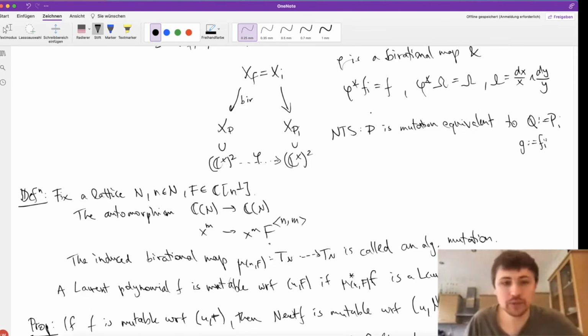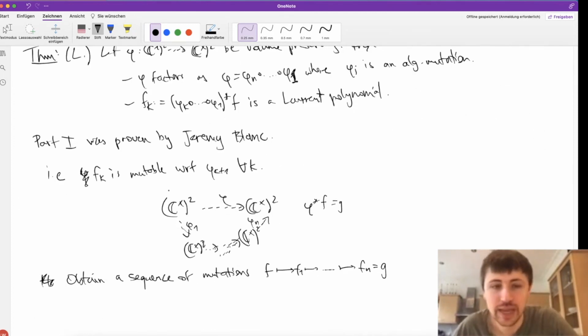So this gives me a sequence of mutations between f and g, from f to f1 to ... up to fn, which is equal to g. Because at each step, I know that phi 1 is a mutation, f is mutable with respect to that one, then I define f1 to be the polynomial I get there. And every step I do this, and so I can mutate from f to g.